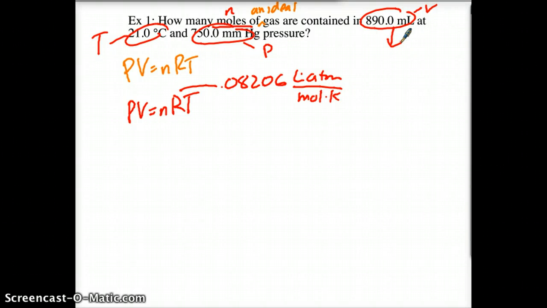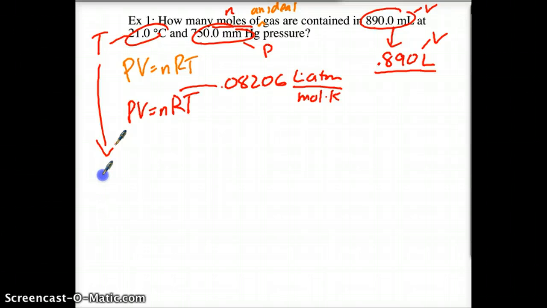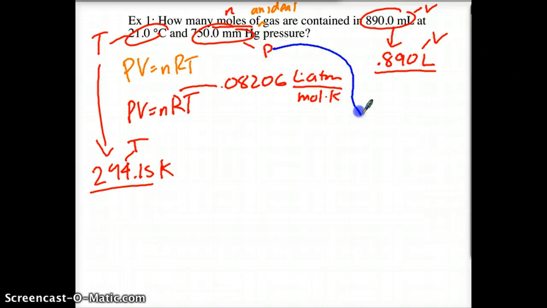890 milliliters, convert it to liters. Divide by 1,000, so 0.890 liters. That's going to be my volume. What about temperature? You've got to make that conversion, Celsius to Kelvin, add 273.15. If you do that, you get 294.15 Kelvin. That's my temperature. And then my pressure, I've got to make a conversion here.